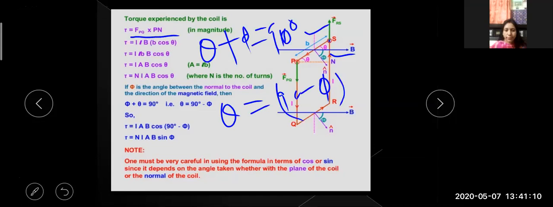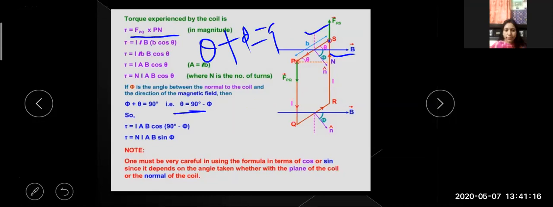Right? So in this equation, torque equals N I A B cos(90 degrees minus phi), or torque equals N I A B sin phi. So I hope this point is clear to you.